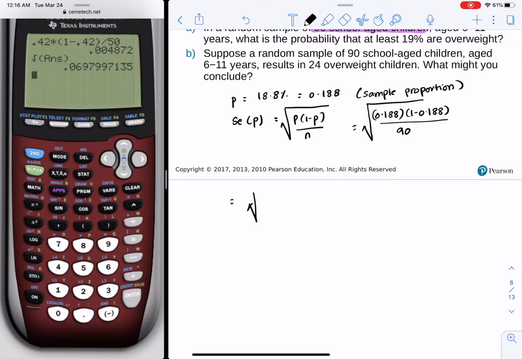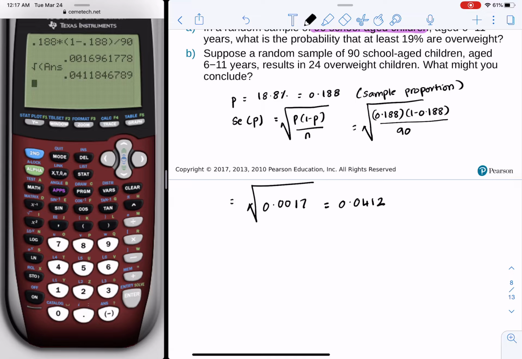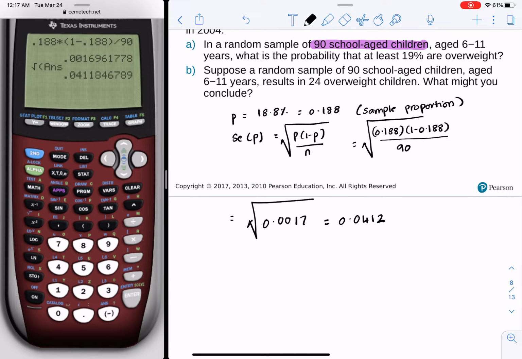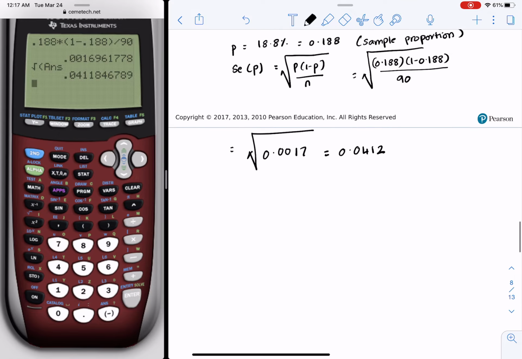So we will get the square root of 0.0017, which would be equal to 0.0412. So that said, the question wants to know the probability that at least 19% are overweight.